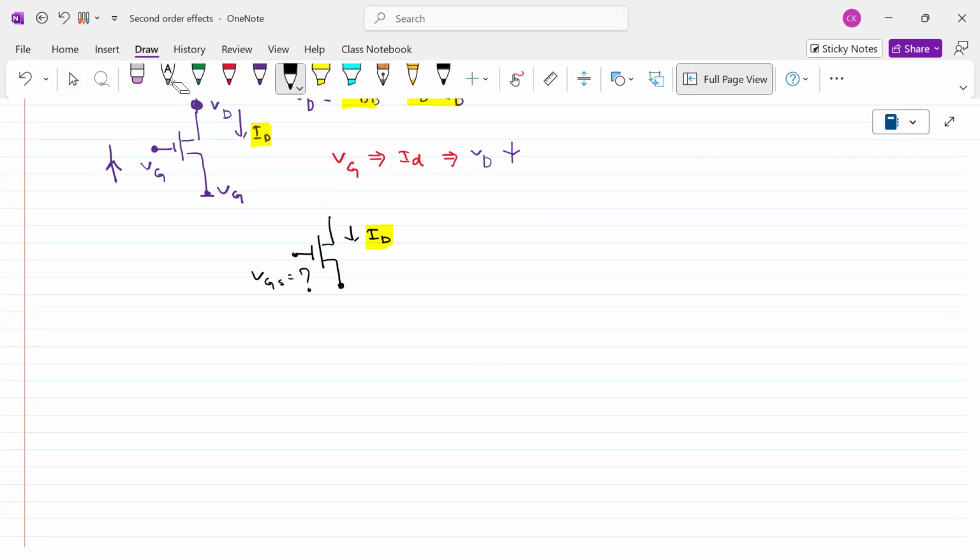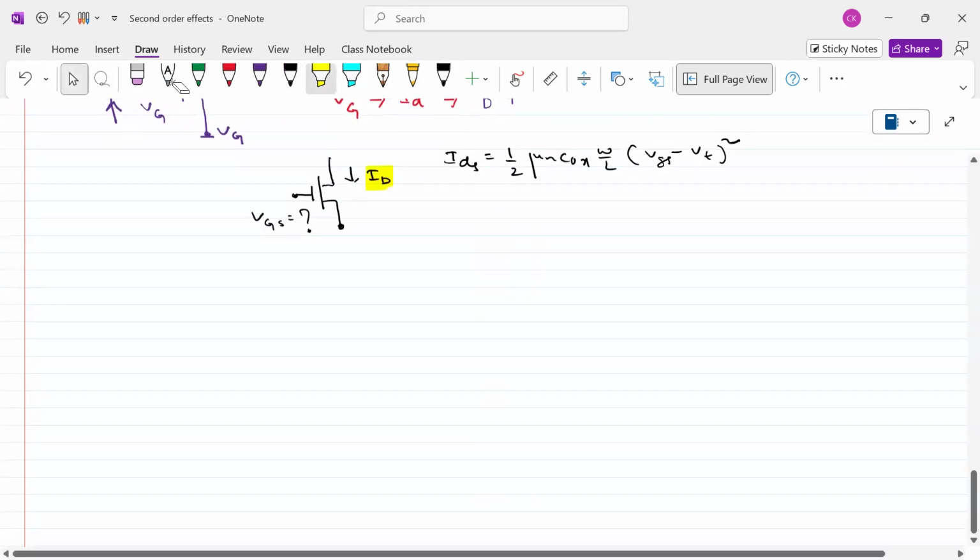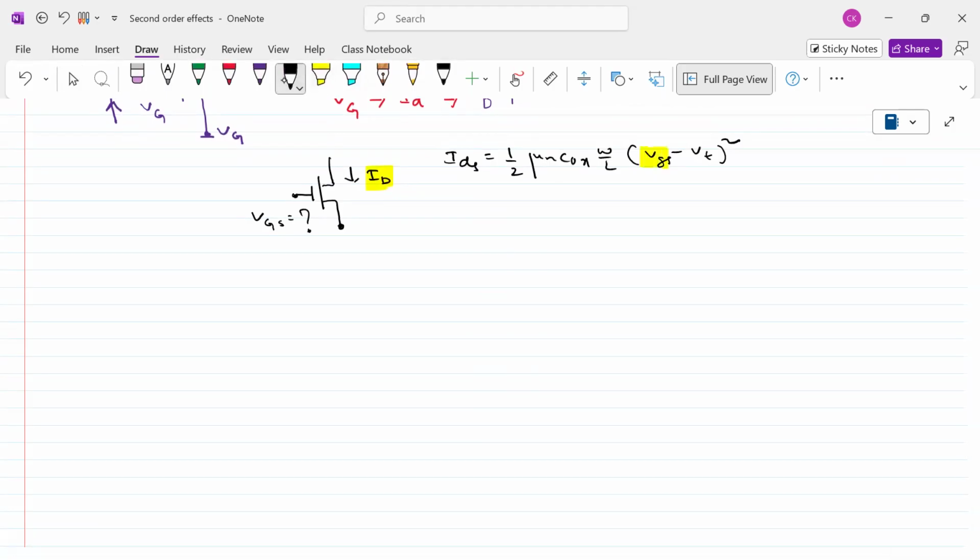It's simple. You can write the ID equation. IDS is equal to half mu n Cox W by L into VGS minus VT, whole square, right? What is the VGS here? So VGS equals the square root of 2ID divided by mu n Cox into W by L, plus VTH.